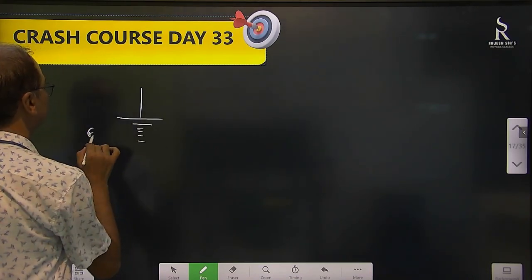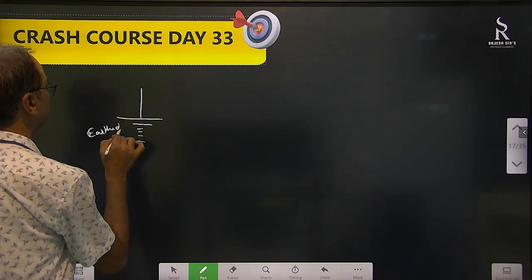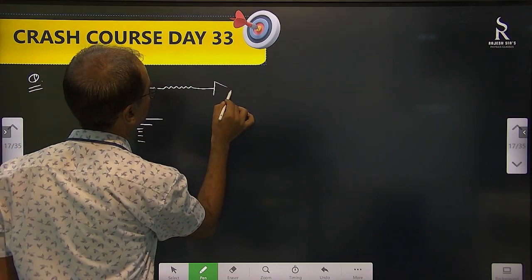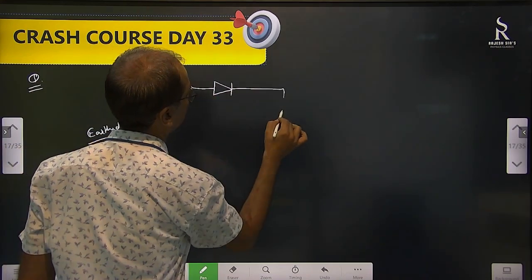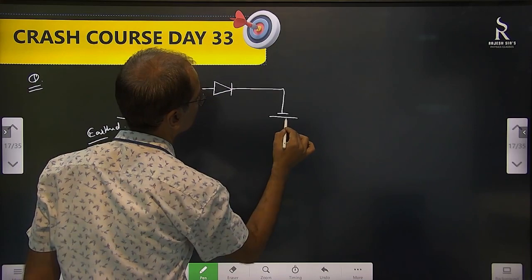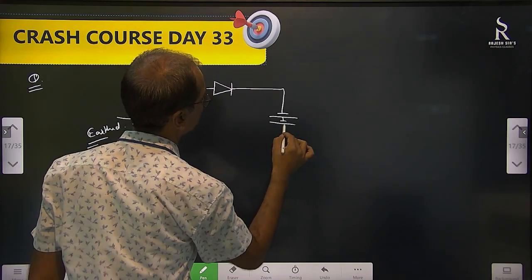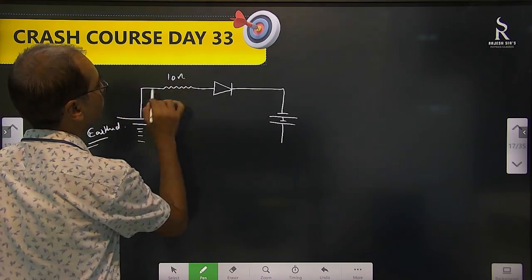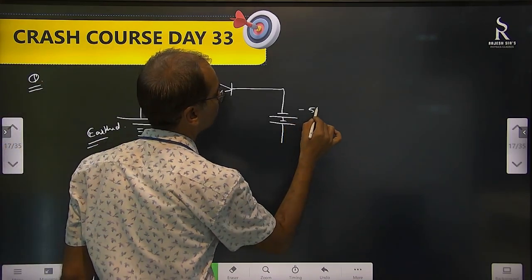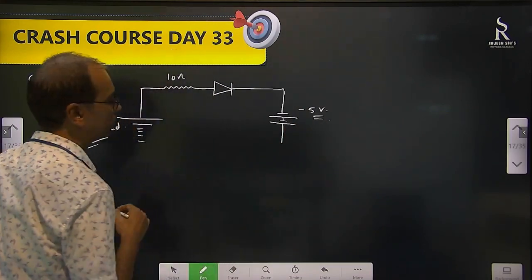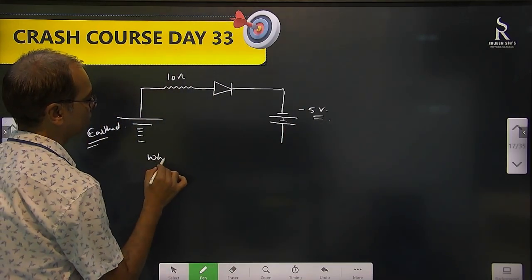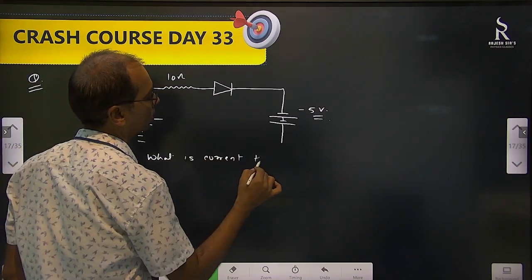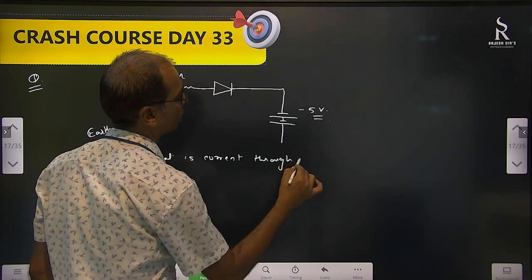This is earth. We have a resistor here. Make a PN junction diode, and here we connect a battery. Let's say this is 10 ohm, and here is minus 5 volt. The question asked is: what is the current through the resistor?